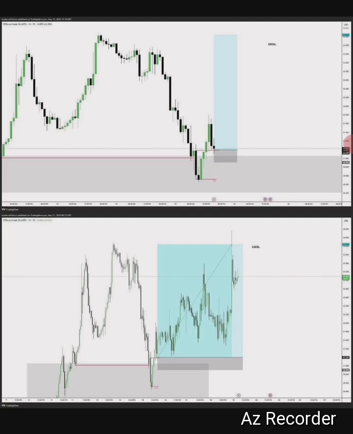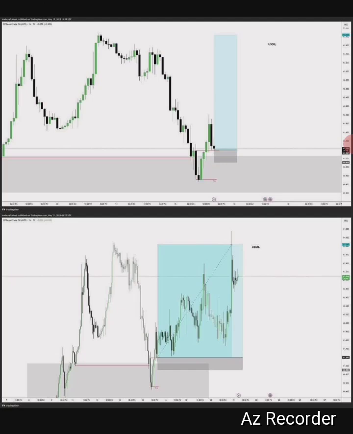The first resistance for GBP Australia: the demand zone is around 2.0050 between 2.0100. The supply zone is near 2.0200 between 2.0250. So it is just a little bit similar, close.